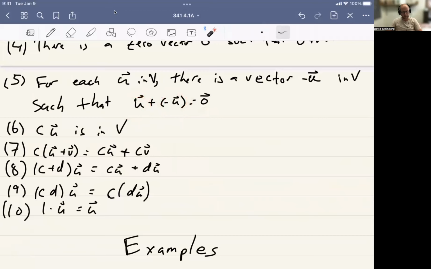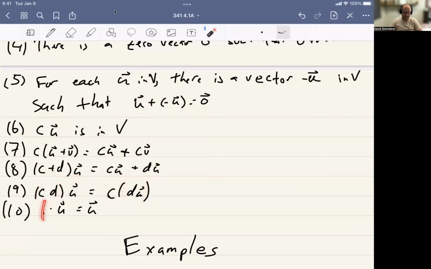For any real number c, we want that if we scale our vector by c, we stay in V again. We want our scalars to distribute like we know and love. We want the vector to distribute also, as regular arithmetic would suggest. If we multiply u by the scalar cd, that should be the same thing as multiplying the vector du by c.